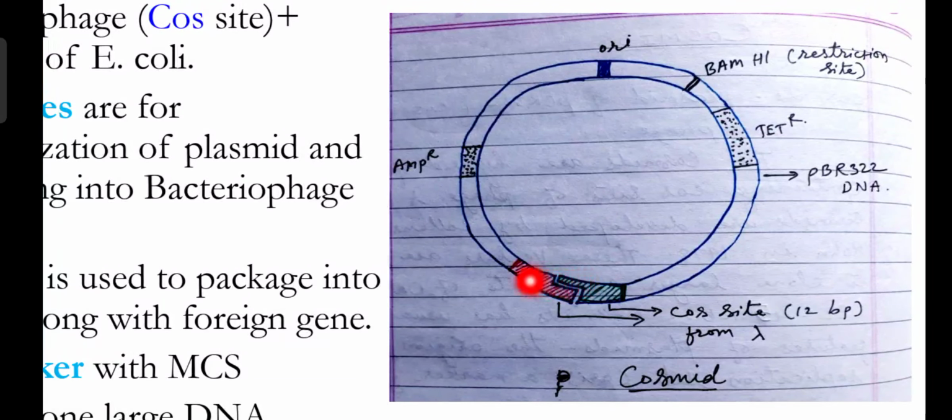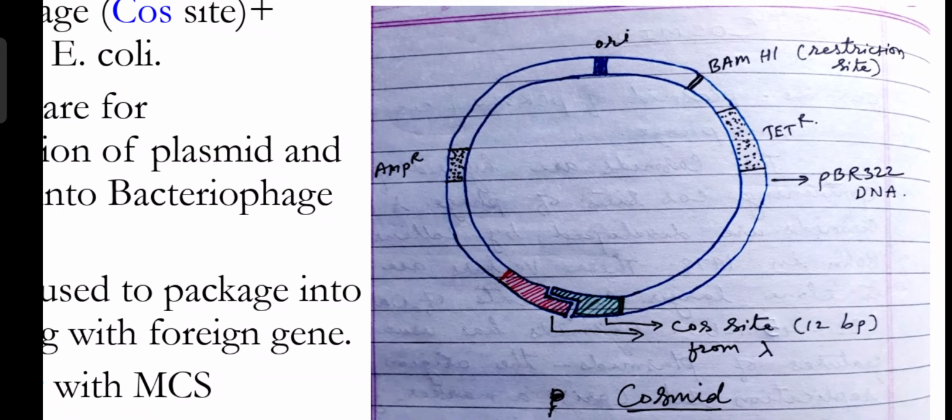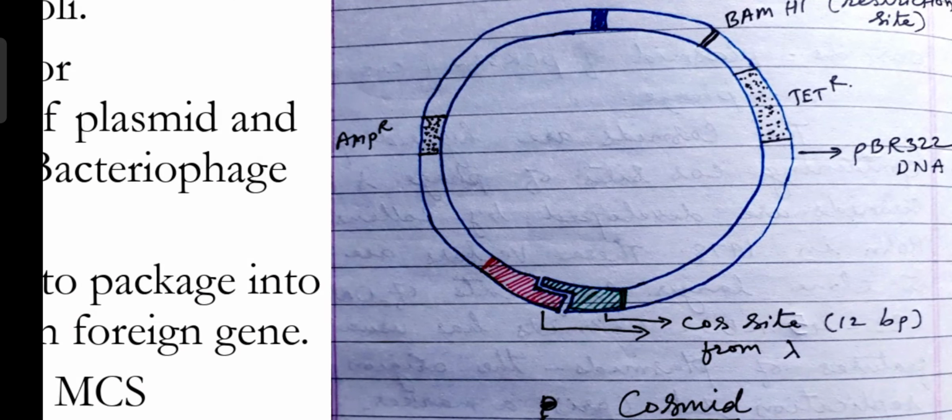So here you can see complementary ends meeting together. These are the cohesive ends, which complementarily match each other, and this specific site is derived from the virus called Lambda-phage.